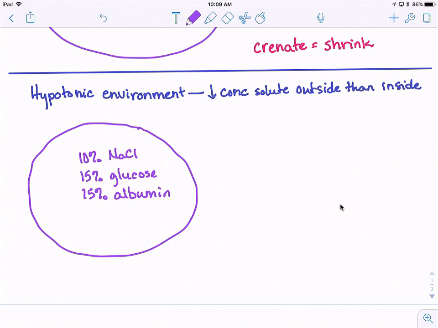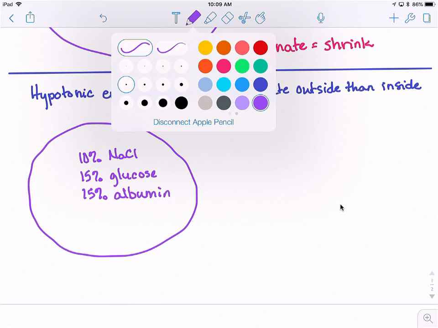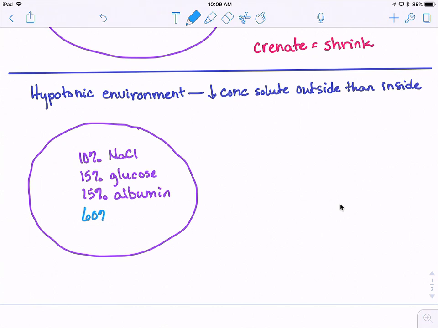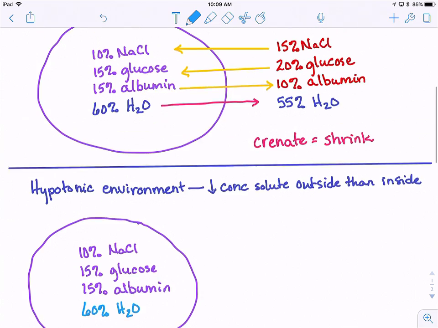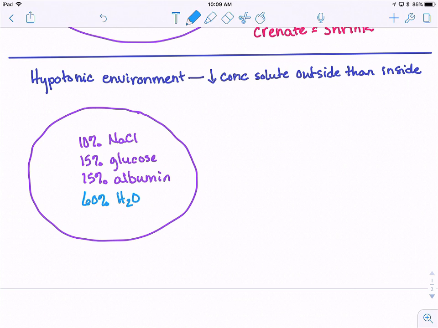Okay, so that's 40%. What's that other 60% again? Water. And then outside of my cell, I have those same things again, just in different quantities. And what's the other 70%?